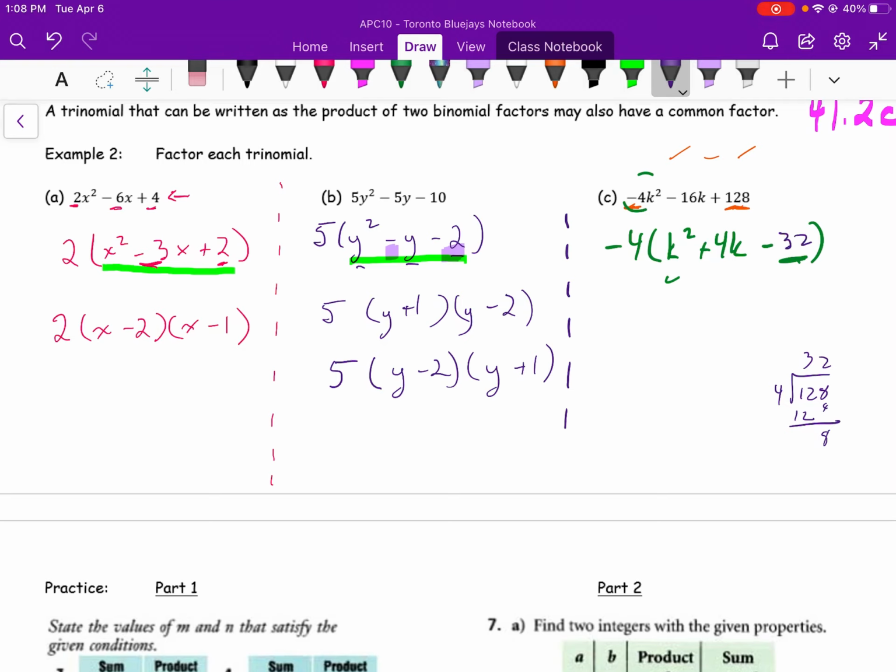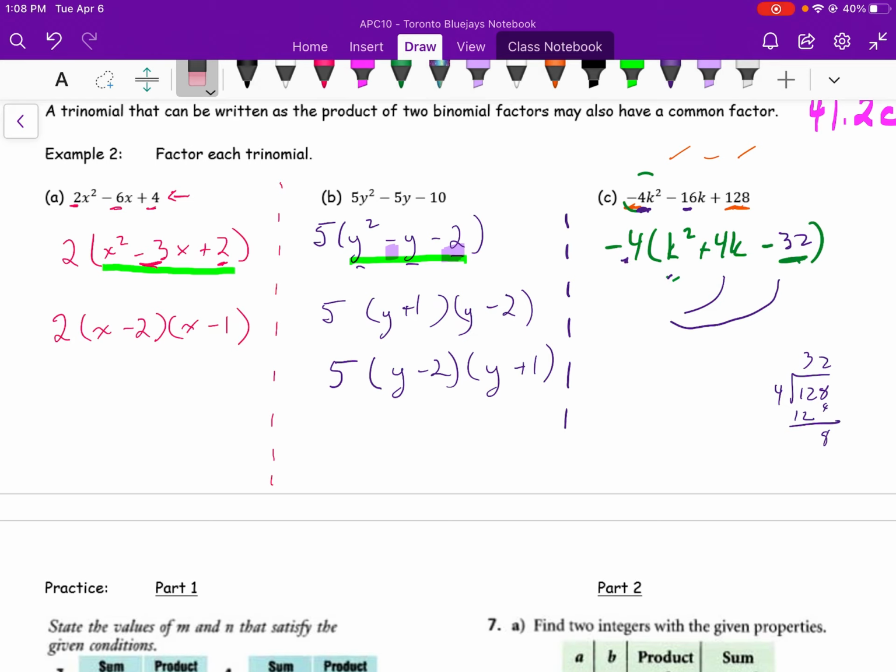This is 32. And I'm just going to multiply to make sure. So negative 4 times k squared is negative 4k squared. Negative 4 times 4k is negative 16k. Negative 4 times negative 32 is going to be 128. And that's it. I'm done with factoring these.